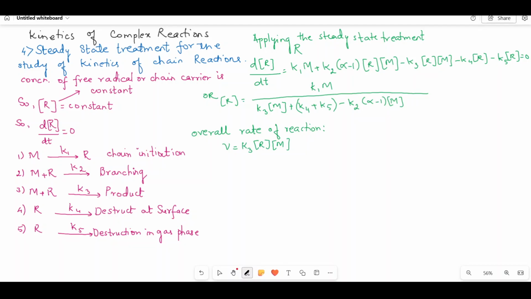We know the value of R. So on substituting the value of R, we get K3 K1 M, here I forgot to put the bracket, so I'm putting the bracket here, it is concentration.